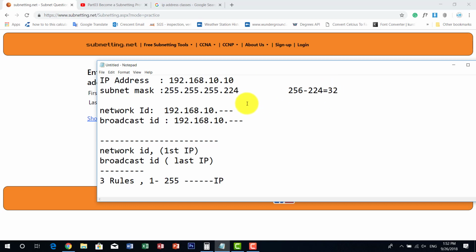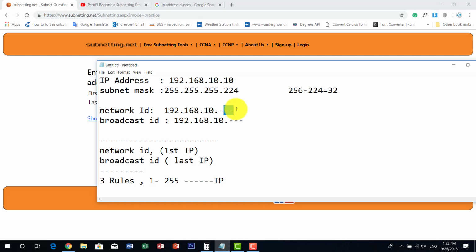So what we do, we use the number before that number 32, which is 0, for the network ID. In the three rules we mentioned that we increment the number until we get past the IP address, and when we get a number which is bigger than our IP address, we use the number before that, and the number before 32 is 0.